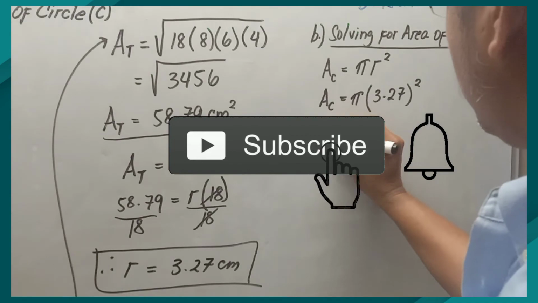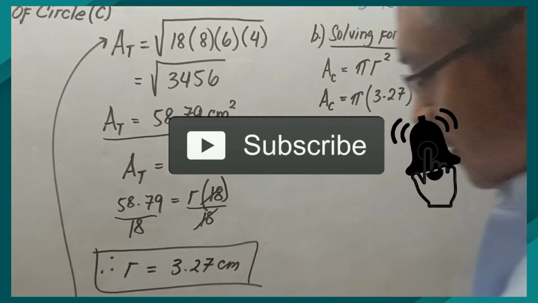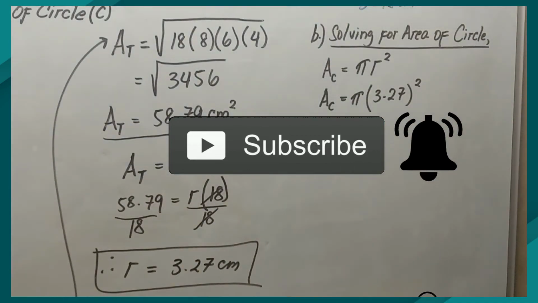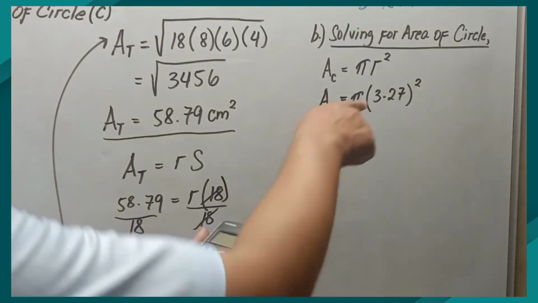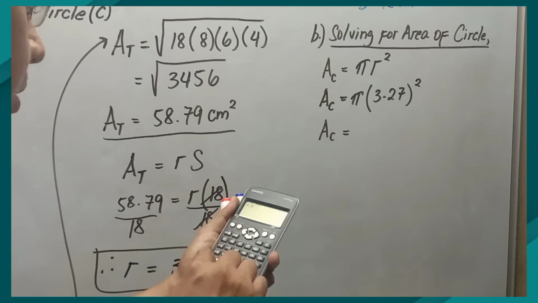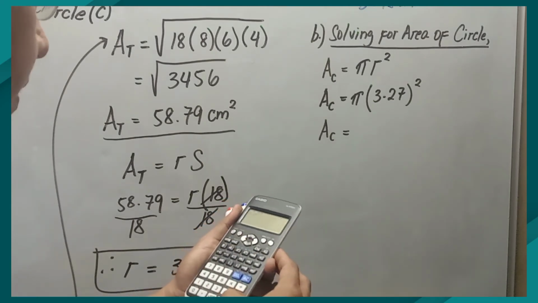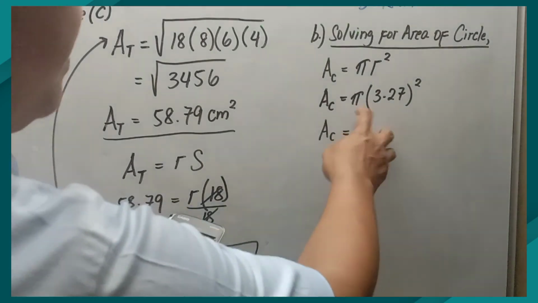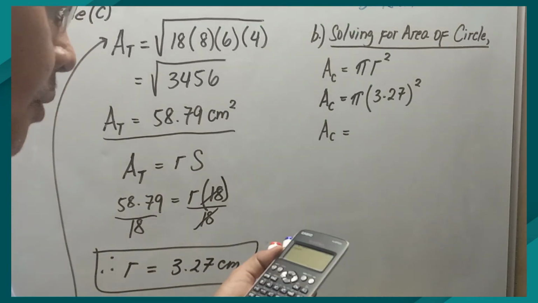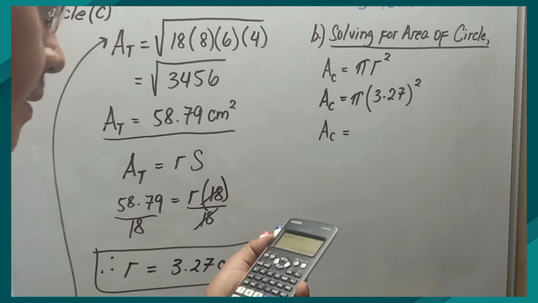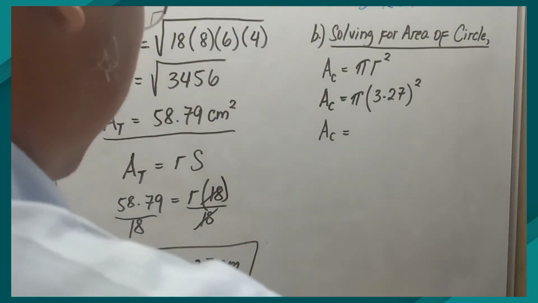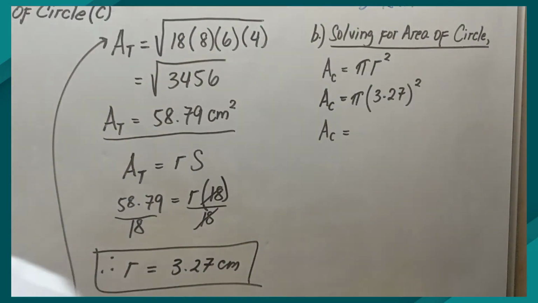Okay, so area of a circle is equal to, how much is 1? 3.27 squared times pi. What's the value of pi? 3.1416, okay? So there are 33.6 square centimeter.